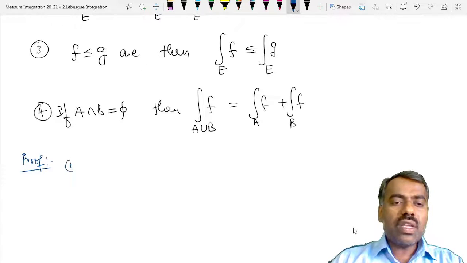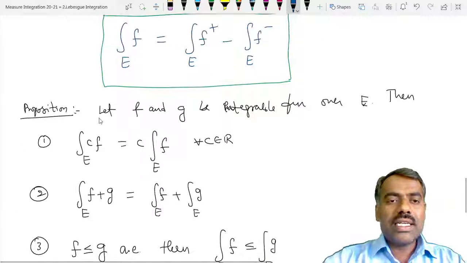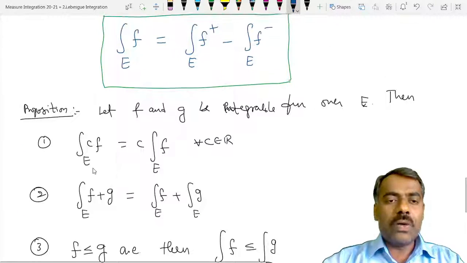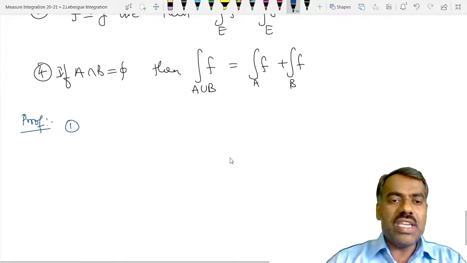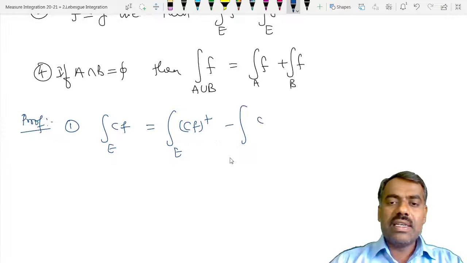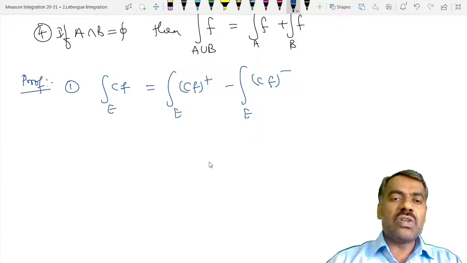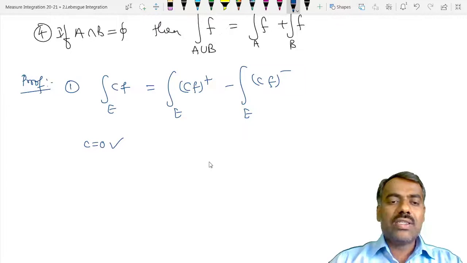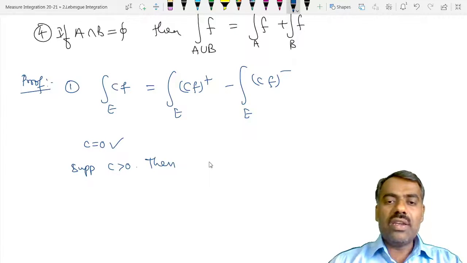Okay. The first one is obvious. You can do it. If you want to find integration of c times f over E, I will explain one. By definition, how is it defined? The positive part of cf minus the negative part of cf. Is this clear? So clearly if c is equal to 0, there is nothing to prove, right? So assume c not equal to 0. Suppose c is greater than 0, then can you tell me what is the positive part of c times f by definition?